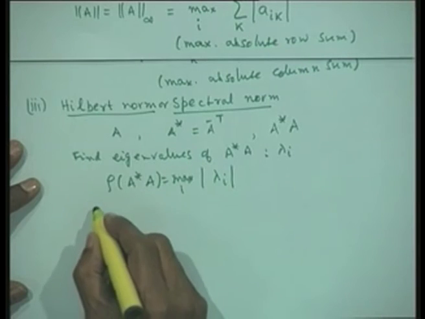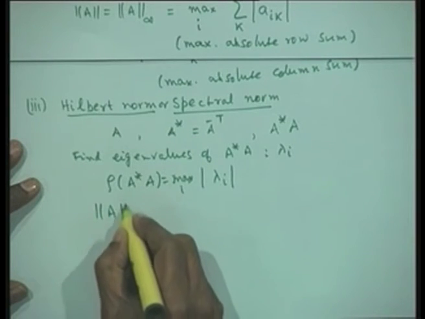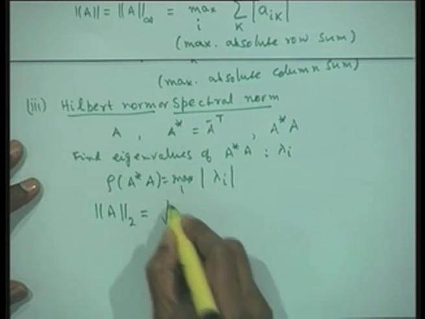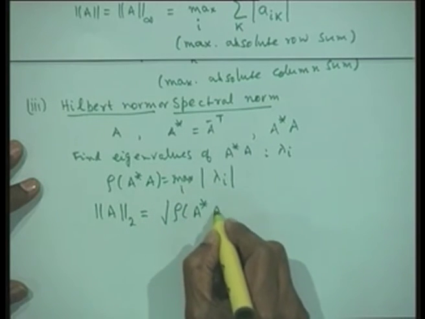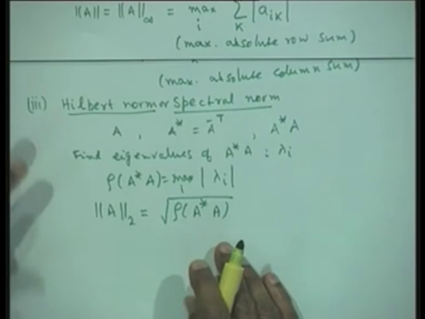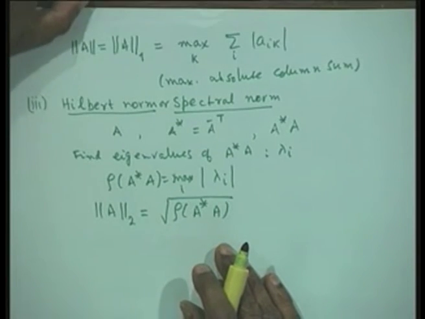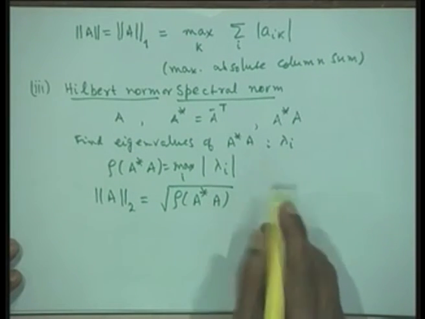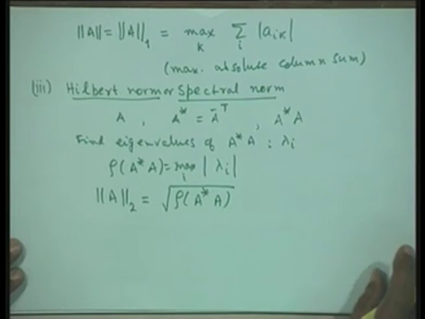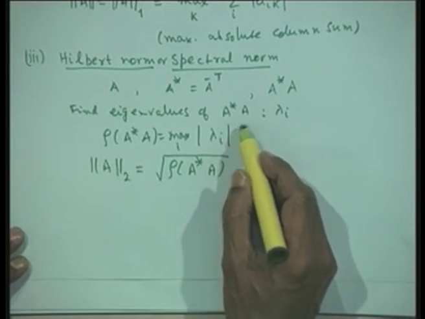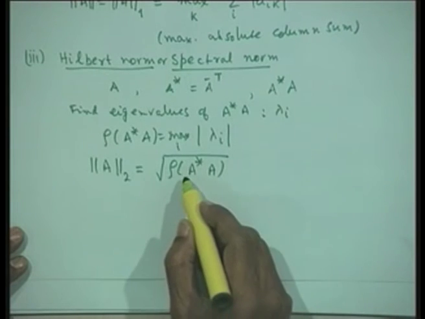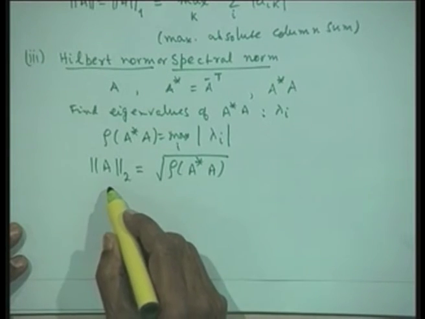Then the Hilbert norm says that I can define the norm as the square root of the spectral radius of A star A. That means I find the matrix A star A, find its eigenvalues, find its spectral radius, and the square root of that will be the Hilbert norm.